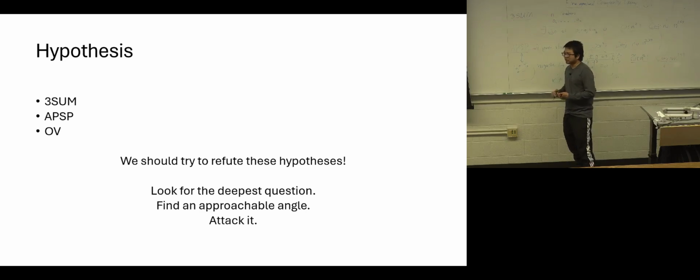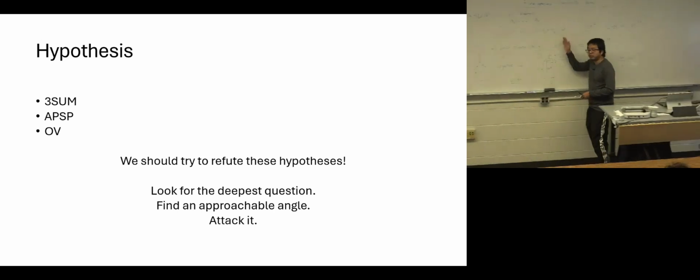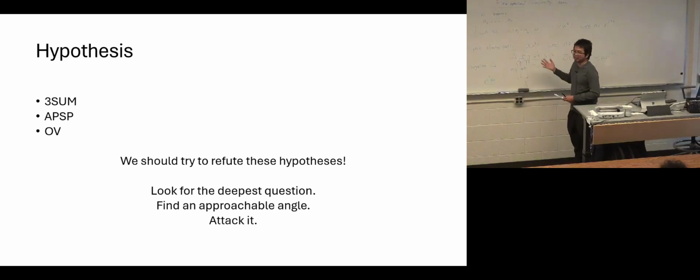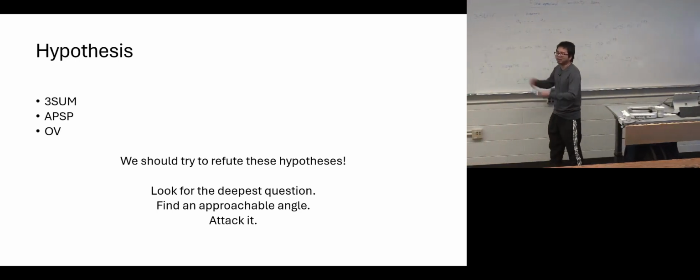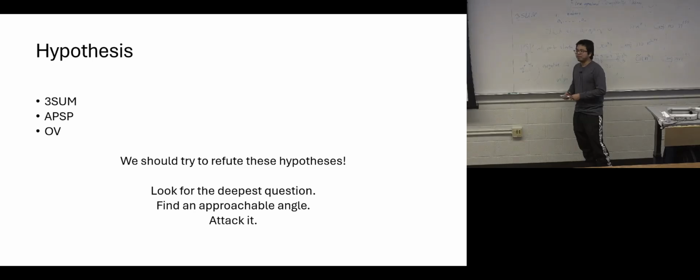Our ability to prove lower bounds right now is actually really low. That's why these conjectures are really useful in that sense, because if you assume them, they at least give an explanation why other problems are hard.